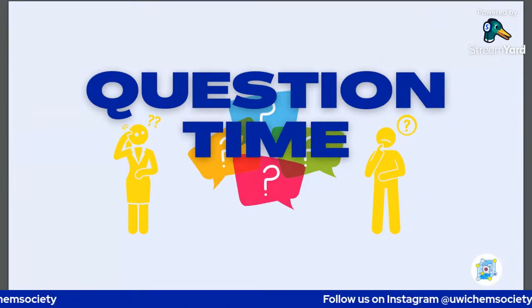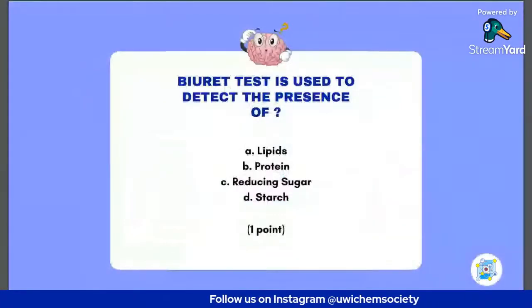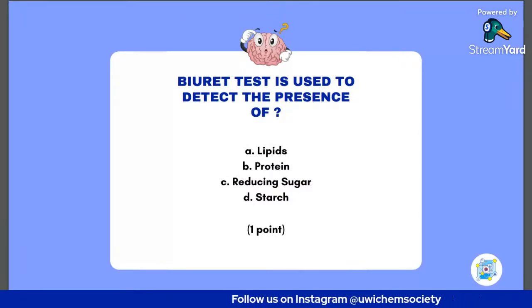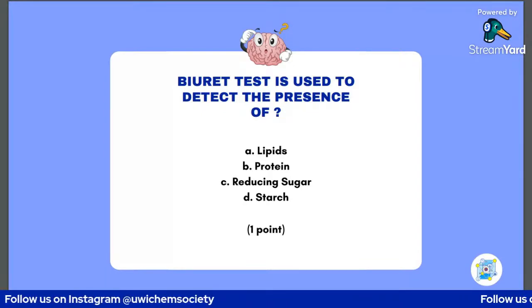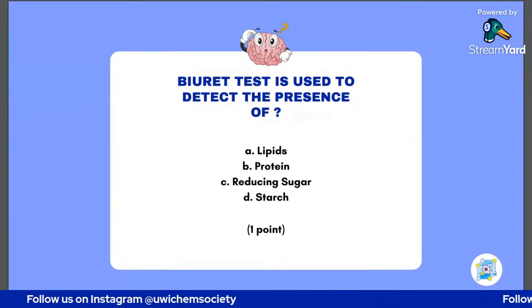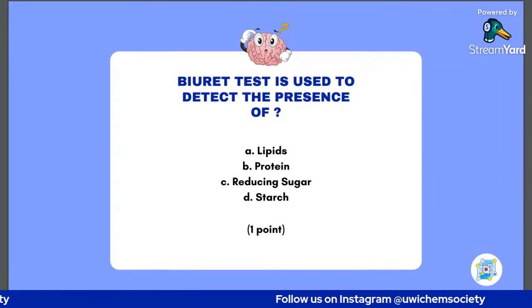The first question is: the Biuret test is used to detect the presence of lipids, proteins, reducing sugar or starch. I'm seeing one answer, 2 answers.